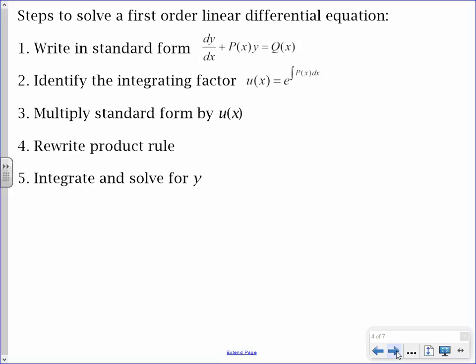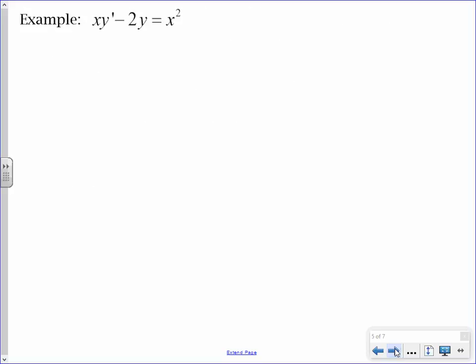First example. Is this in standard form?